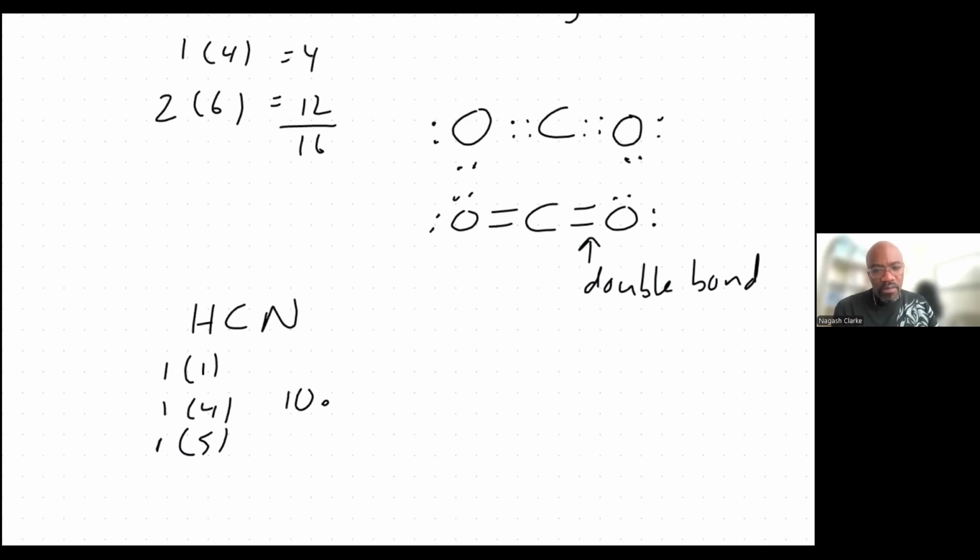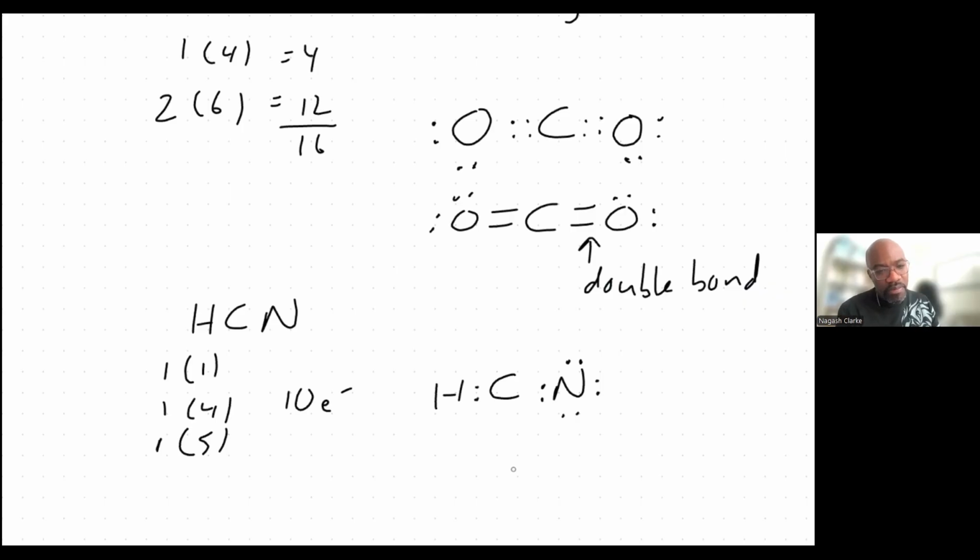Put carbon in the middle again, not H, because we never, ever, like ever, put H in the center. So we take a nitrogen first, 2, 4, 6, 8, and then I'll put 2 between the carbon and the hydrogen, since hydrogen wants 2.